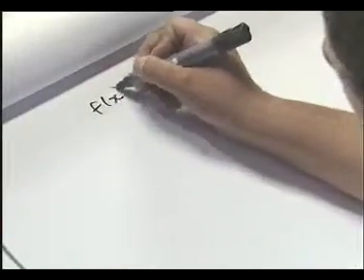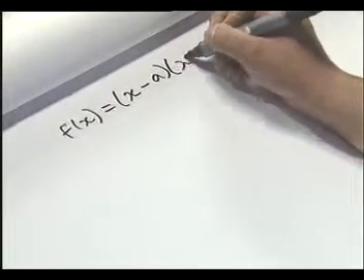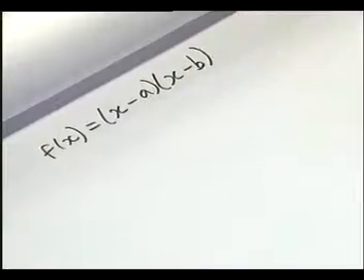Now let's suppose I had the function f of x equals x minus a multiplied by x minus b. To find the roots of this function, I want to know the value of x when f of x equals 0.